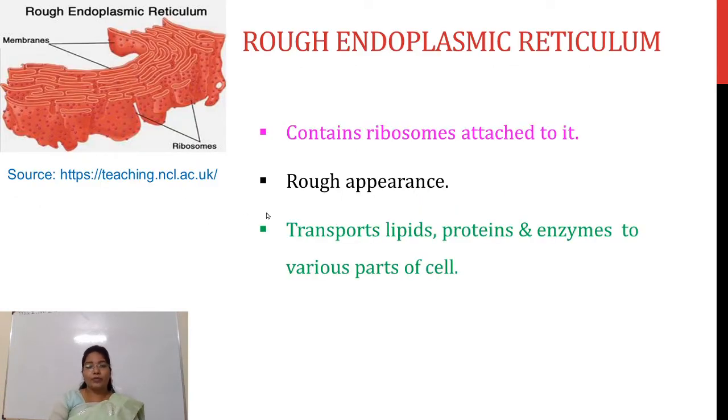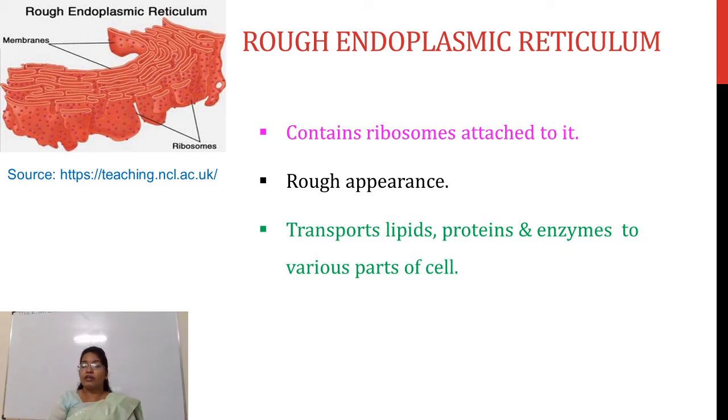The second type is rough endoplasmic reticulum. This is the figure of rough endoplasmic reticulum. It contains ribosomes attached to it, which give it a rough appearance, so it is called rough endoplasmic reticulum.